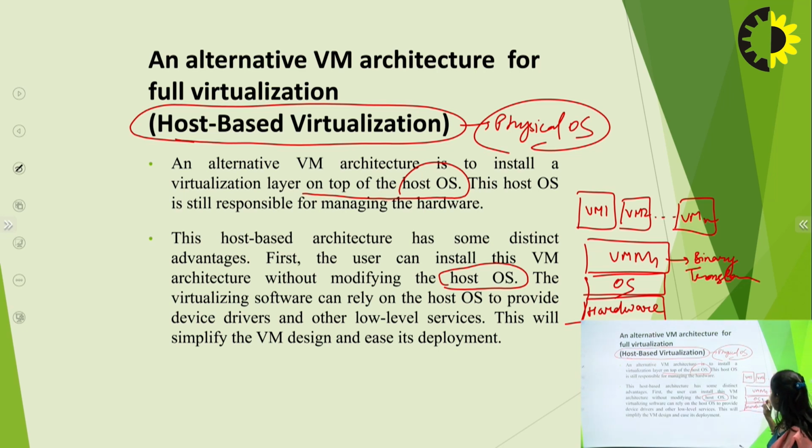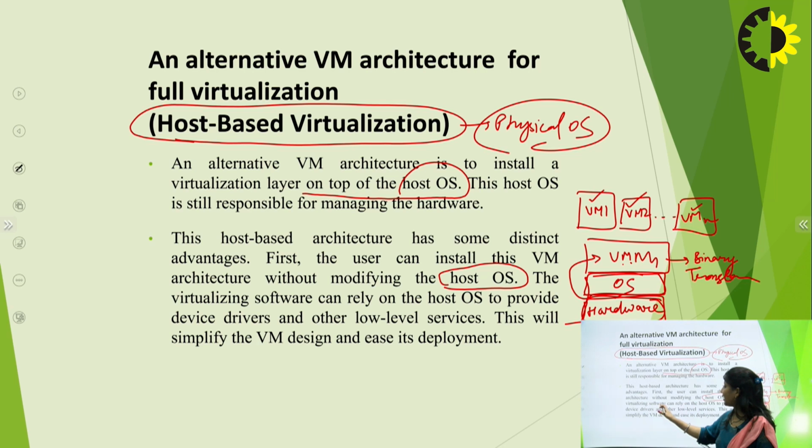So this hardware instruction is going to be translated, and all kinds of instructions are going to be installed at the VMM. The VMM has all the privileges, and this OS will run the instructions of the host operating system, and this VMM will run all the instructions of these VM machines.